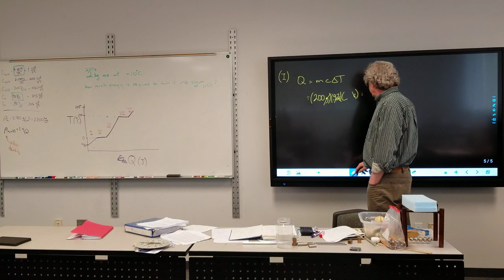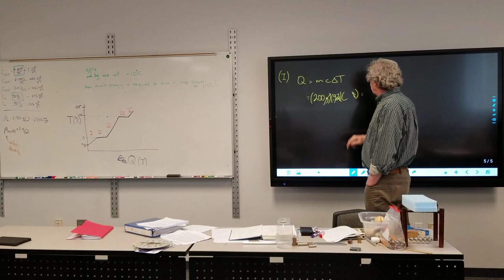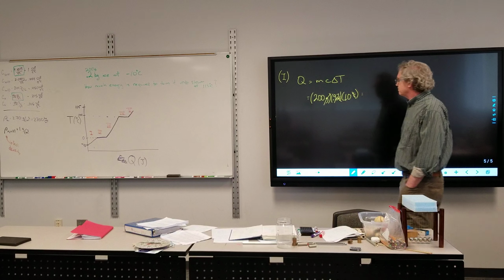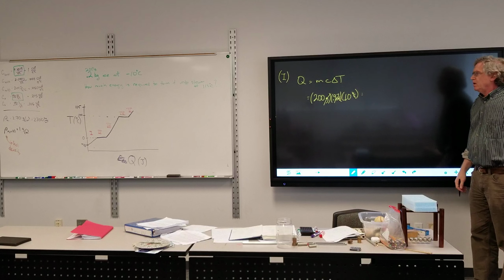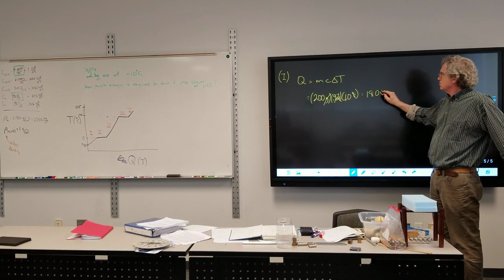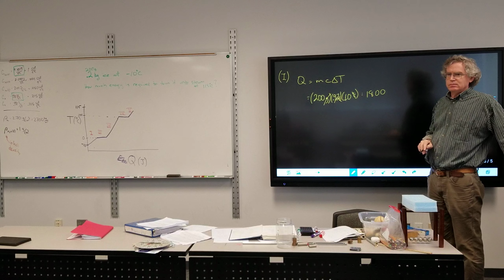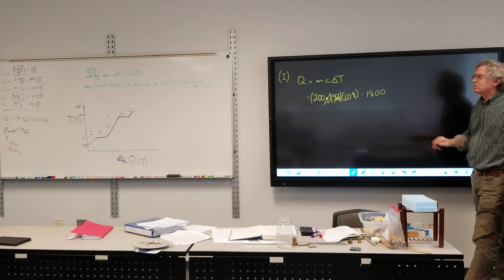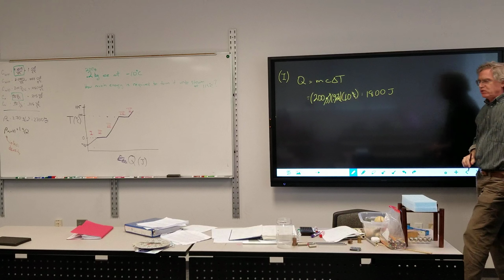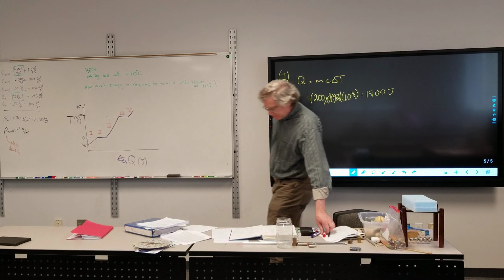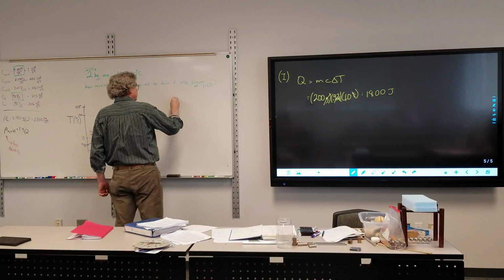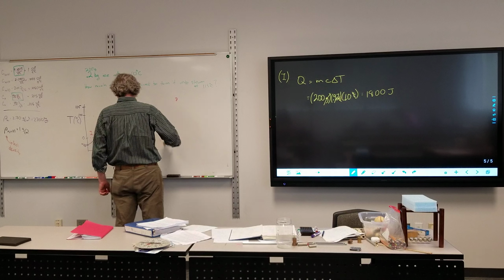What is the change in temperature for that first region? 10. 1800 joules. Yep. So phase one, 1800 joules.